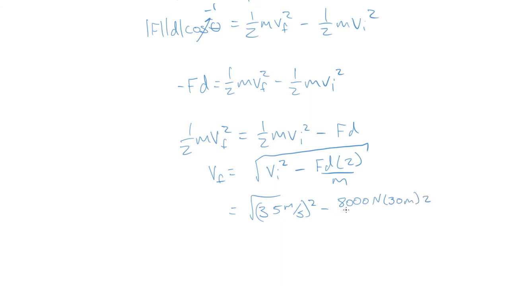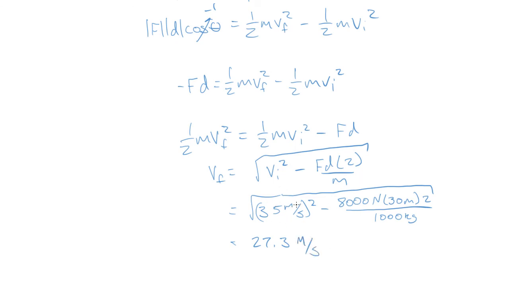My 2 is 2. And my mass is 1,000 kilograms. All right, and if you run that through your calculator, you will get, in fact, 27.3 meters per second. Not joules, I'm sorry. Meters per second. And you can check your units to make sure they work out.